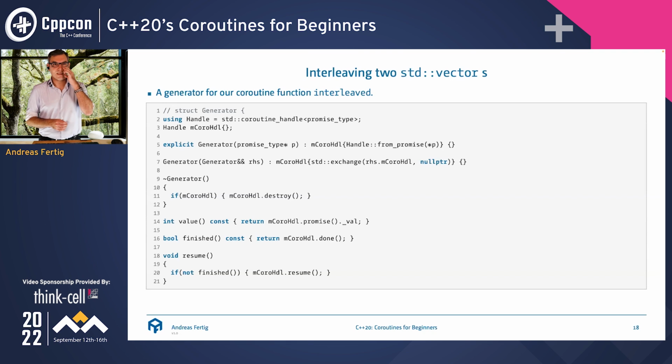And then you see next the helper functions. In line number 14, I have the function value. That reaches inside the coroutine handle, inside the promise type, and accesses the member val there. And I'm returning that one. And then in line number 16, I have the function finished, which asks whether the coroutine is already done. And then finally, I have the function resume, which in line number 20 uses finished to check whether the coroutine is already finished.